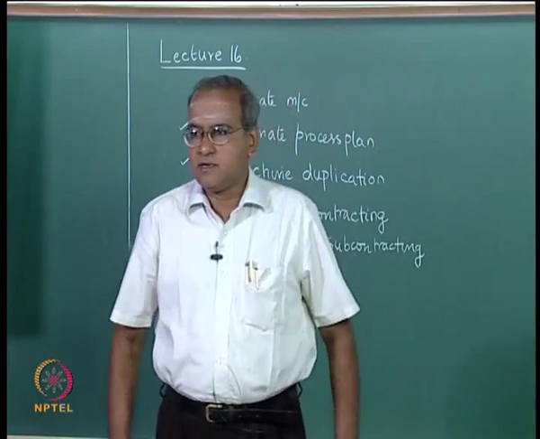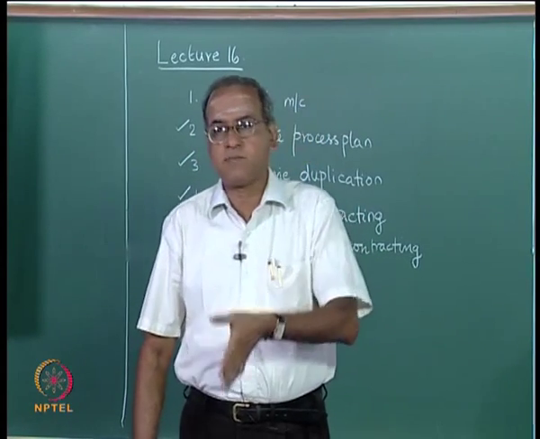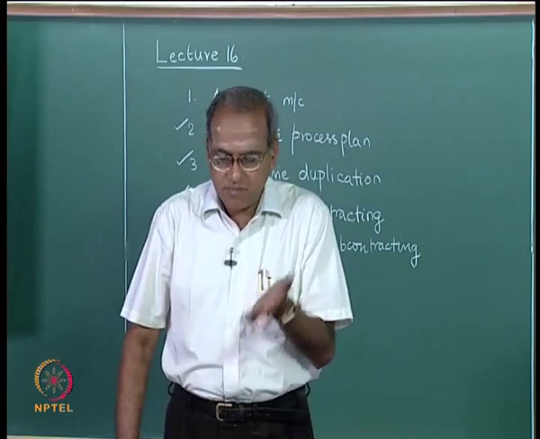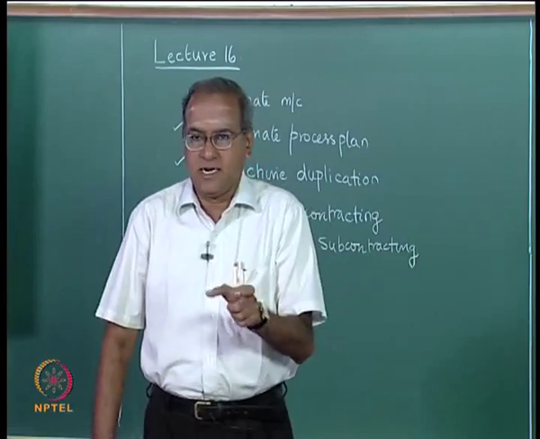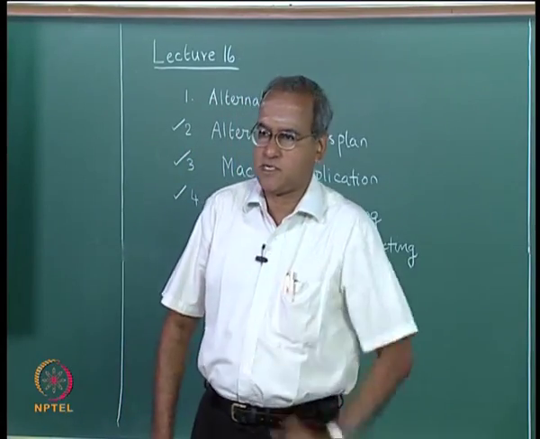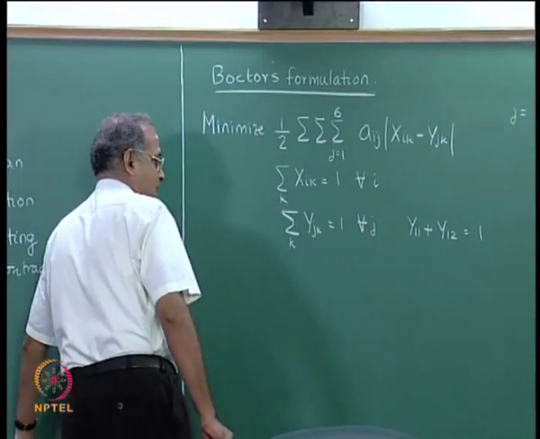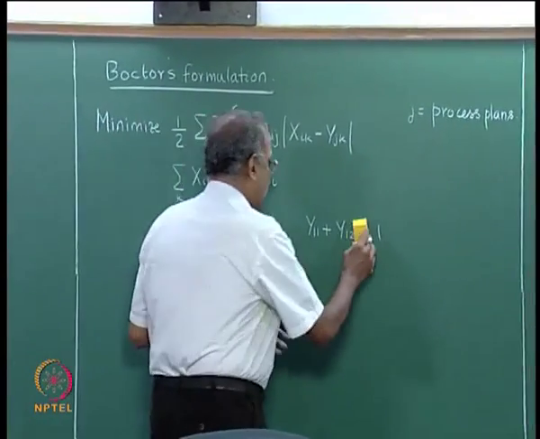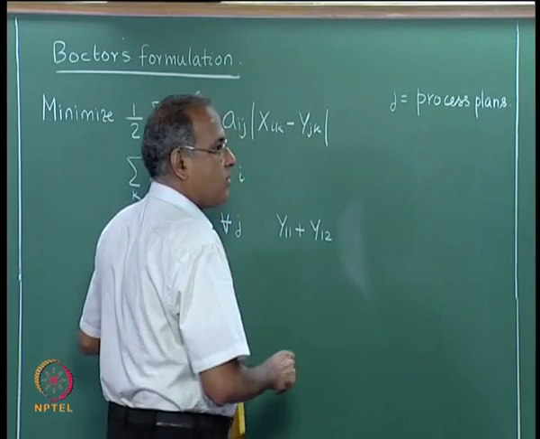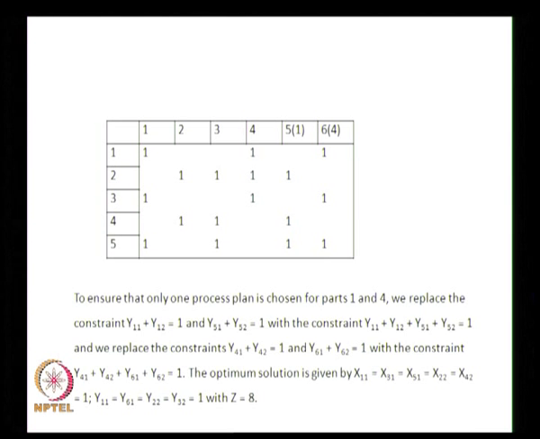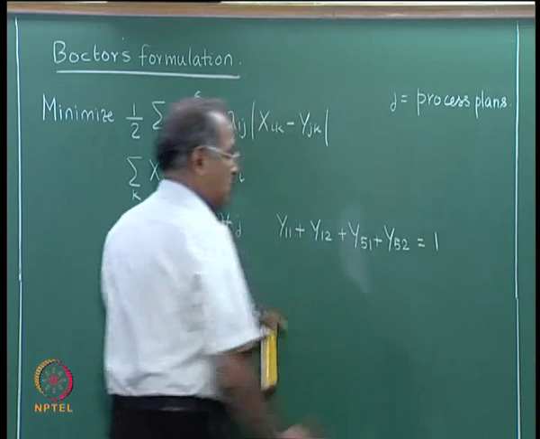Now, if we do this, then what will happen is we will end up assigning both part number 1 as well as part number 5, or process plan number 1 or process plan number 5. We do not want to do that, we want to choose only one out of the process plans. Therefore, this particular constraint is modified and written as y11 plus y12 plus y51 plus y52 equal to 1.